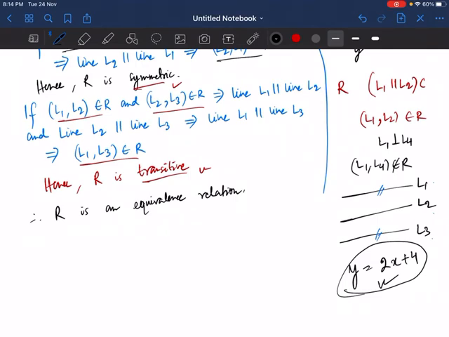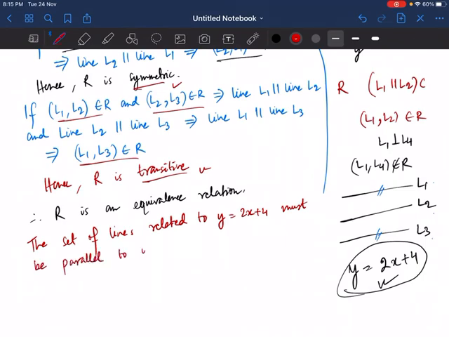So here what I am going to write is, the set of lines related to y is equal to 2x plus 4 must be parallel to it.